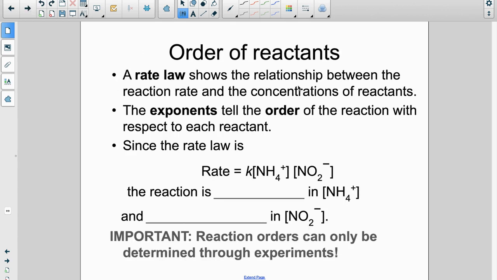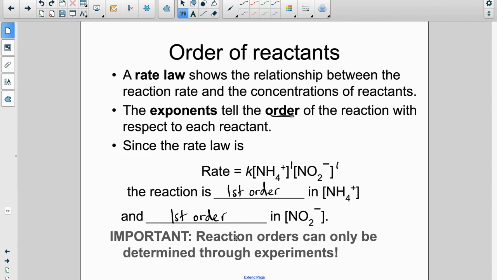This rate law shows the relationship between the reaction rate and the concentration of the reactants. The exponents tell the order. Here the exponent of this is 1, and the exponent of this is 1. The reaction is called first order in NH4 plus because the exponent is 1, and first order in NO2 minus.